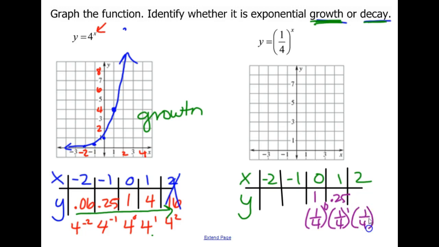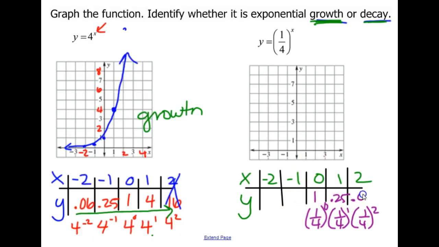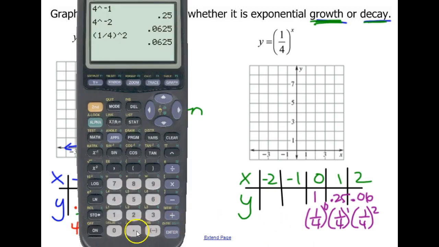Then we have 1/4 two times, or 1/4 times 1/4. I'm going to plug this in. 1 divided by 4 to the power of 2 gives me 0.06. And then the other direction as well, 1/4 to the power of -1 gives me 4.